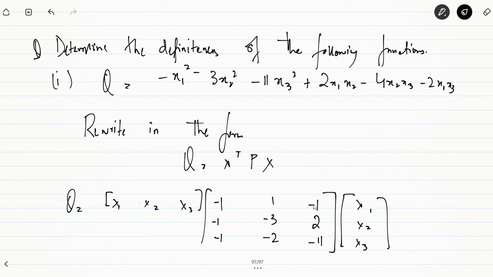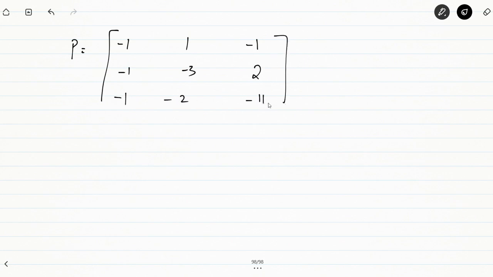So here we have P equal to minus 1, 1, minus 1, minus 1, minus 3, 2, minus 1, minus 2, minus 11.